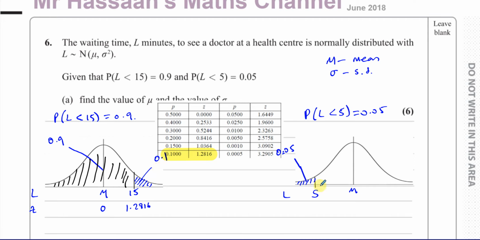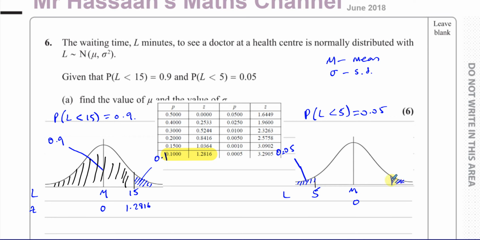Now I've got to do the same thing for the second situation. Here again, we don't have Z values that go on the negative side. We know that this is Z equal to 0. This is the mean. Anything on this side, the Z value is going to be negative, below the mean. We don't have any negative Z values, neither in this table nor in the big table. But I know that this is symmetrical, that if I folded it along this line, this area would be the same as the area over here.